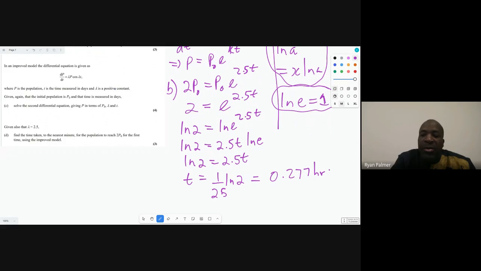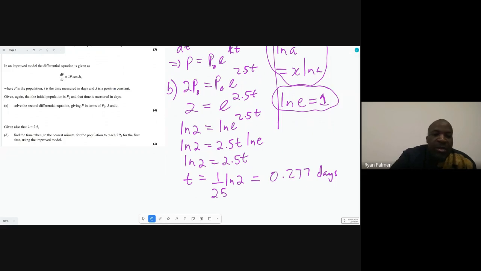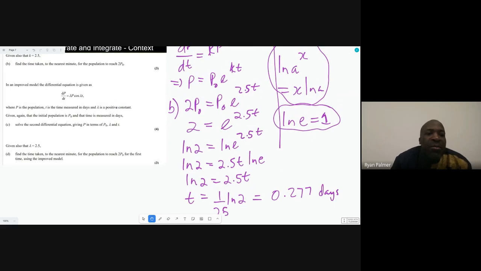We're going to get this to be equal to 0.277. Now t is initially being measured in days, so rather than hours, it should be days. So now we want to convert this. If we go back here, we want to give time to the nearest minute.